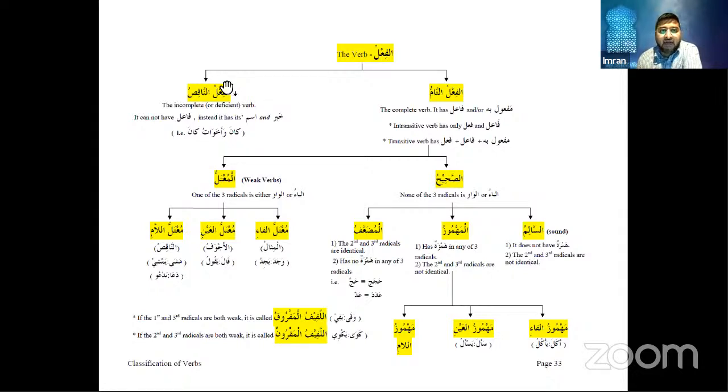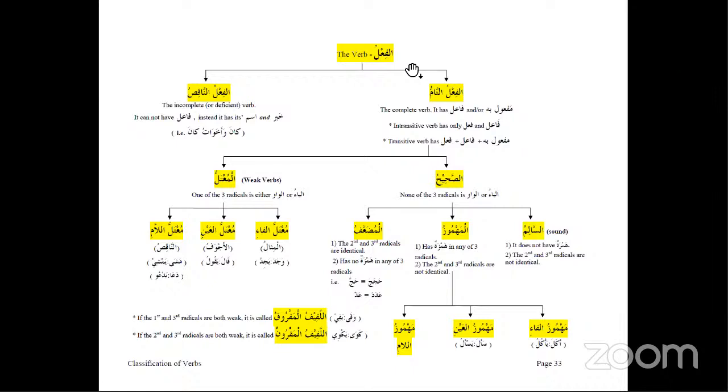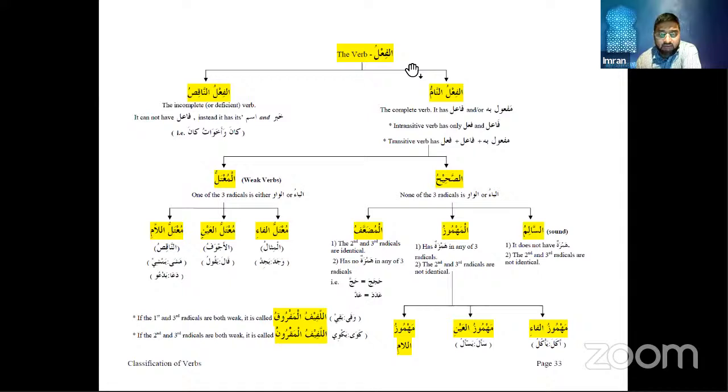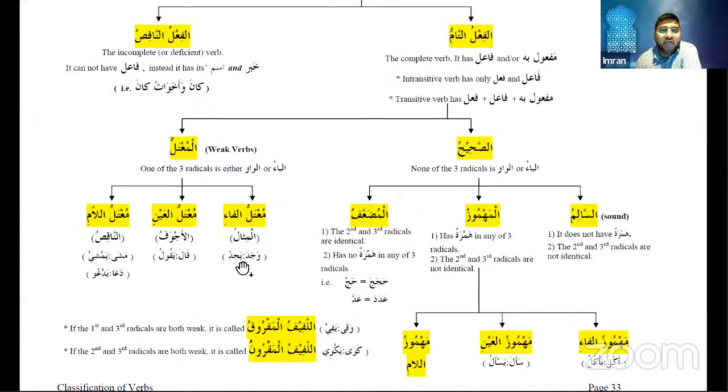What are the weak letters in the Arabic language? Sister Zamina? Alif, waw, and ya. Yes, alif, waw, and ya are the weak letters. Correct. So if a weak letter comes in the beginning of the verb, let's do this one here: wajada.